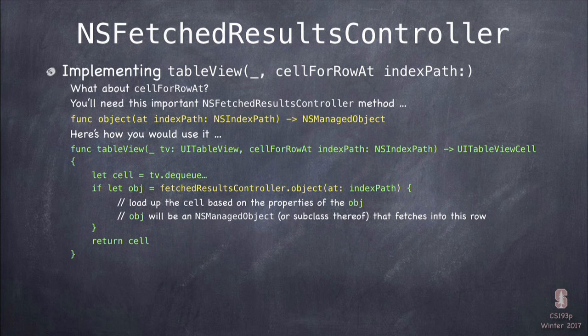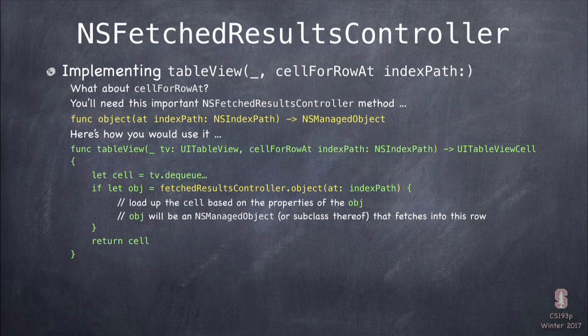So you just say fetchedResultsController, give me the object, and that object is going to be a tweet or a Twitter user or whatever, some entity. Give me an object at the indexPath that cellForRowAt indexPath is asking me for. So now I have the Twitter user or the tweet, I can easily load up my UI. You know, pass it off to my custom UITableViewCell, or if I have a subtitle cell, just take a couple of things out of there and put it into the text label and the detail text label. You see what I'm saying?